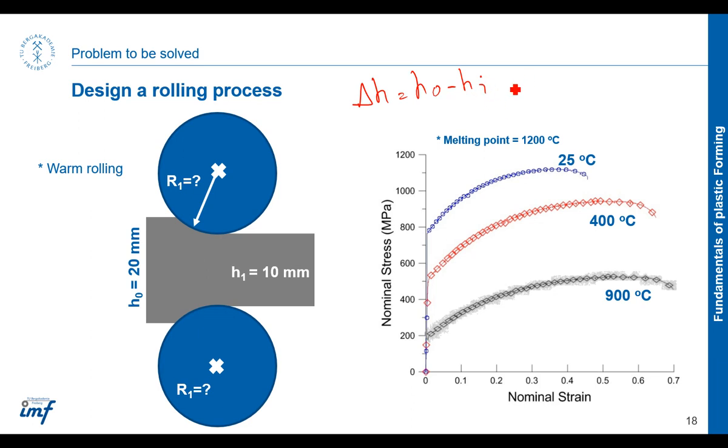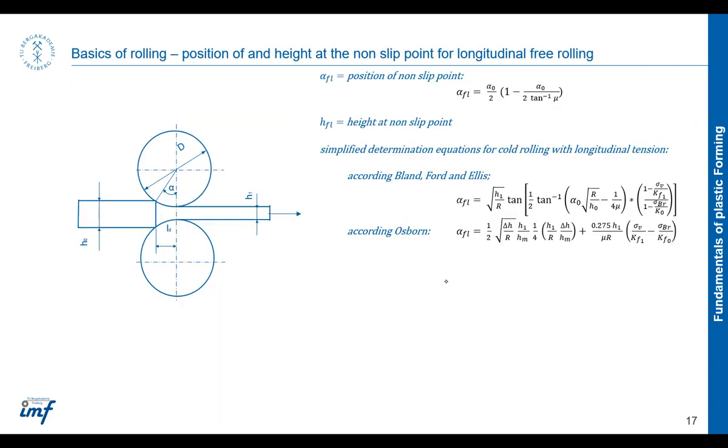So this would mean that it would be 20 minus 10 mm, and this would mean that it is 10 mm.